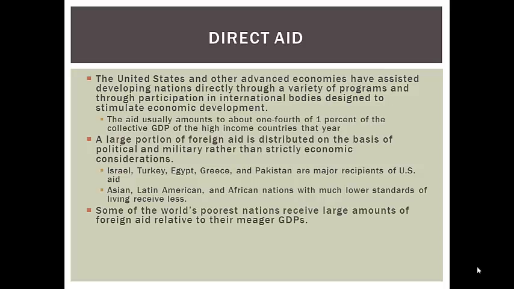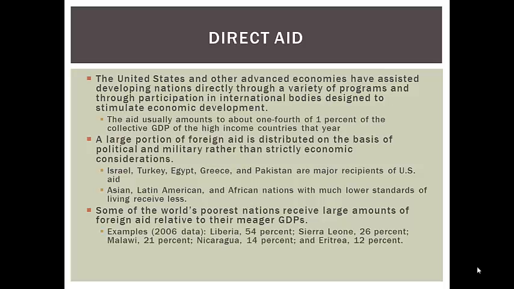Some of the world's poorest nations receive large amounts of foreign aid relative to their GDP. What does it mean? Countries like Liberia, Sierra Leone, Malawi, Nicaragua, and Eritrea all receive in foreign aid almost as much as they make on their own. For example, Liberia receives foreign aid equal to 54% of its GDP.